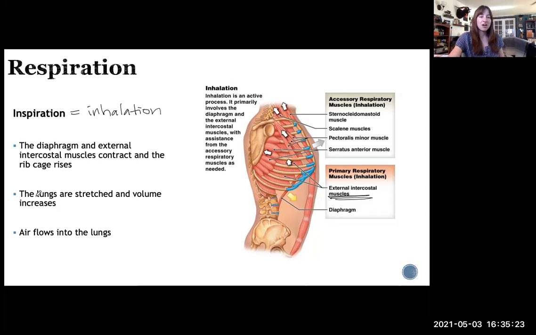Okay, so the lungs get stretched by the combination of the diaphragm contracting and your external intercostal muscles pulling your ribs up and out, kind of like the handles on a bucket. This is the ribs and this is your sternum here. They get pulled from this position up to this position, and air flows into the lungs.